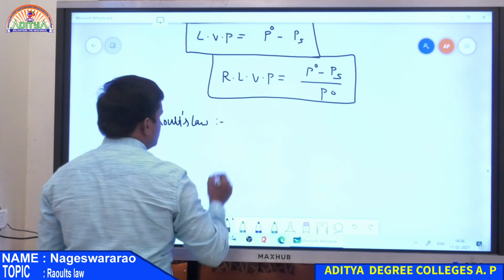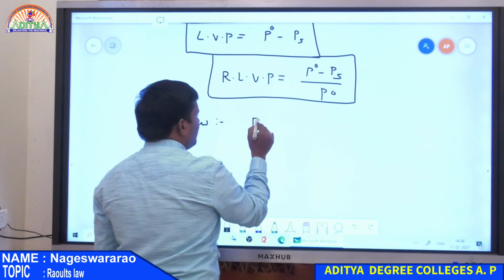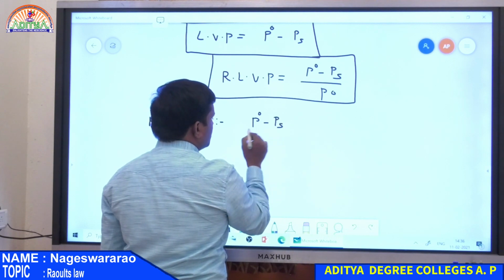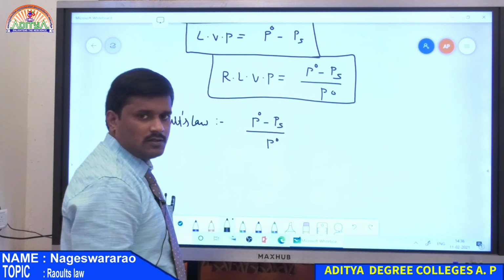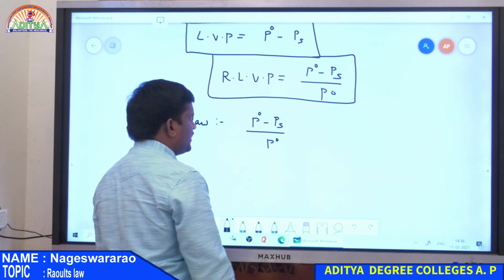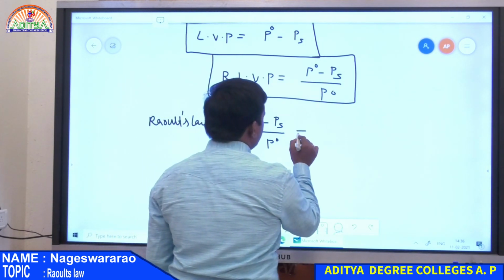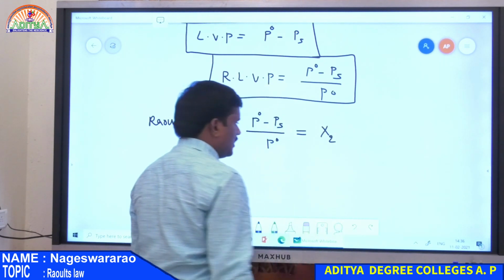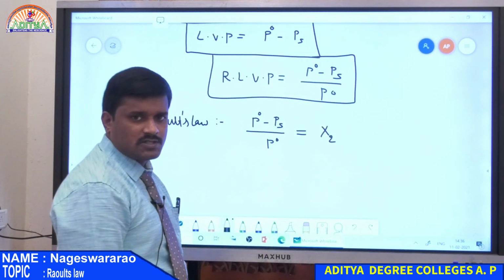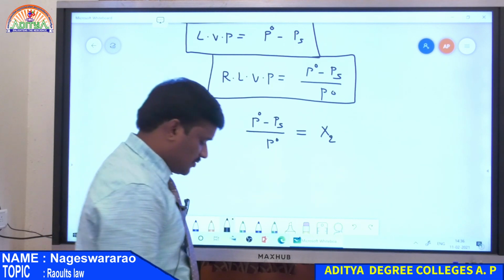According to Raoult's law, the relative lowering of vapor pressure of a dilute solution, P naught minus Ps by P naught, is always equal to the mole fraction of the solute, X2, where X2 is nothing but the mole fraction of the solute.